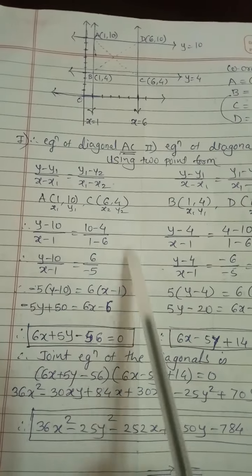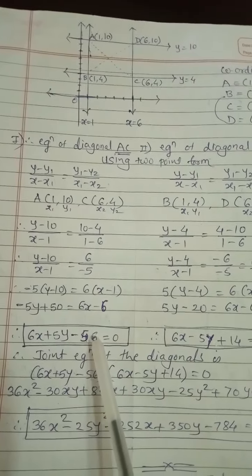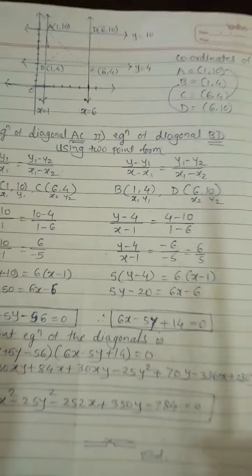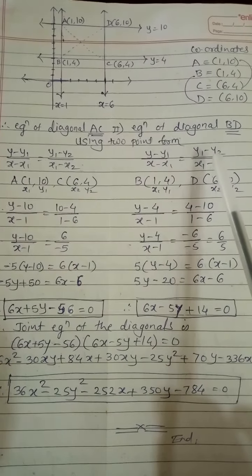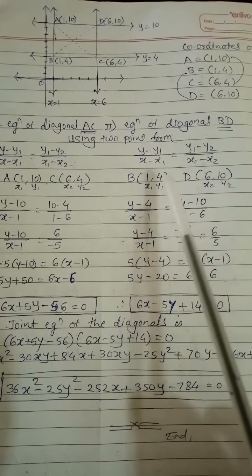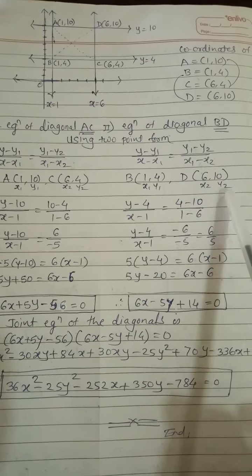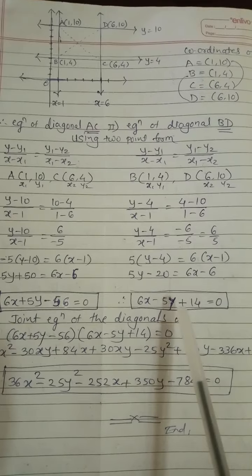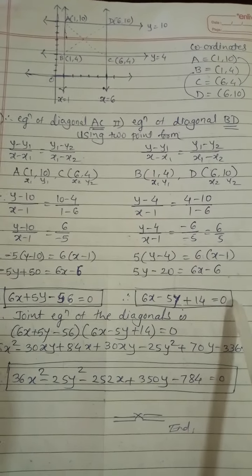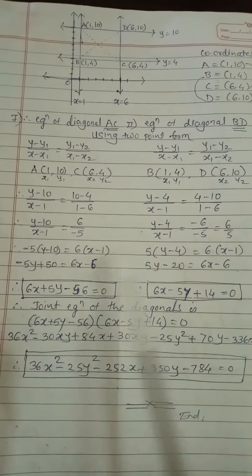You have to solve this calculation and you will get this answer. Similarly for BD we use the same 2-point formula, put in the values x1, y1, x2, y2, and by solving we get the equation 6x minus 5y plus 14 equals 0. So these are the two separate equations.